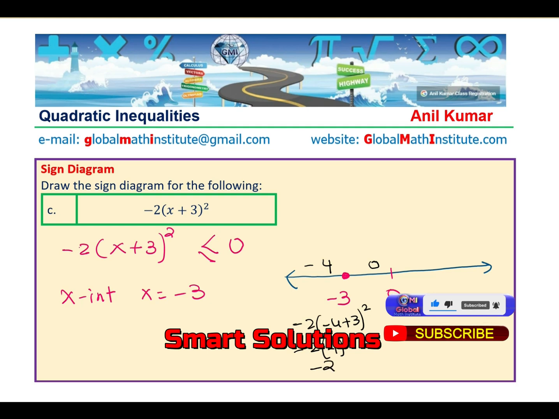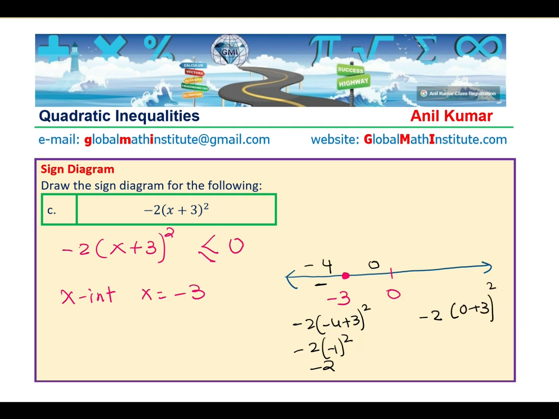So in this side, it is negative. On the right hand side, if I plug in 0 here, I get minus 2 times 0 plus 3 whole square, which is minus 2 times 9, and again a negative number. So on this side also we have negative. So both sides will be negative.